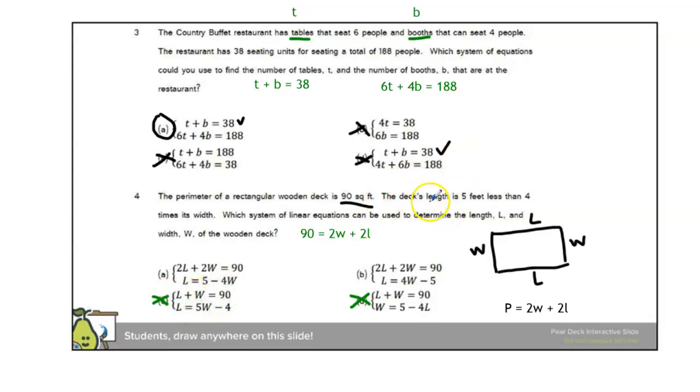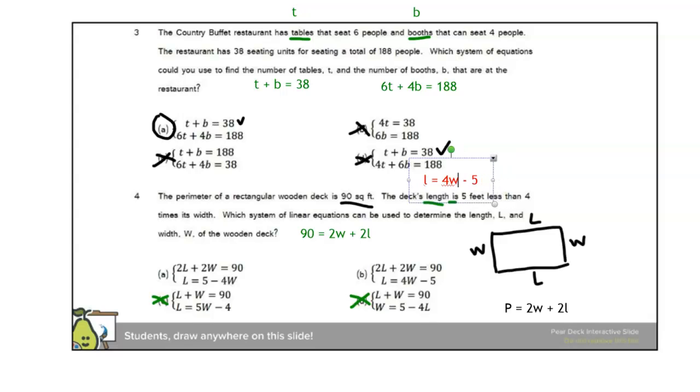This says that the deck's length is 5 feet less than 4 times its width. Let's try to piece this together one by one, piece by piece. The deck's length is 5 feet less than, so something minus 5. 5 feet less than 4 times its width.